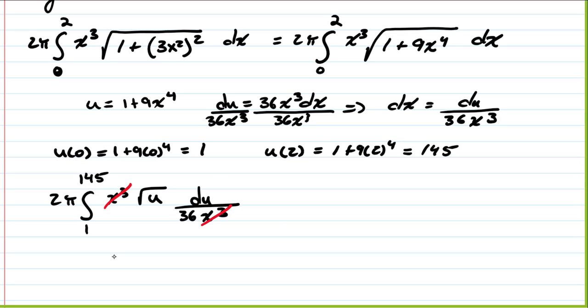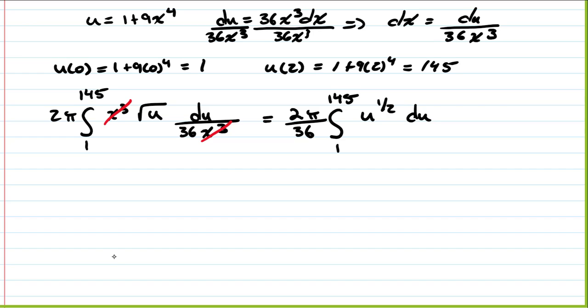As should happen, since we made the right substitutions, our x cubes reduce out, and we can pull the 36 out in front. So we get 2 pi over 36 times the integral from 1 to 145 of the square root of u, which I'll write as u to the 1/2. The 2 and the 36 will also reduce, so 2 pi divided by 36 reduces to pi over 18.